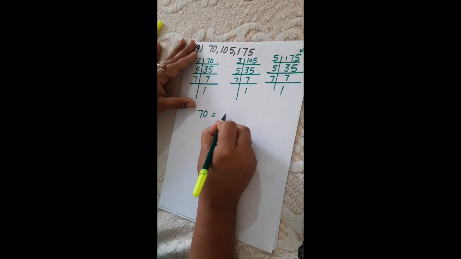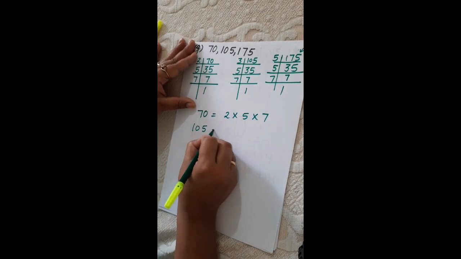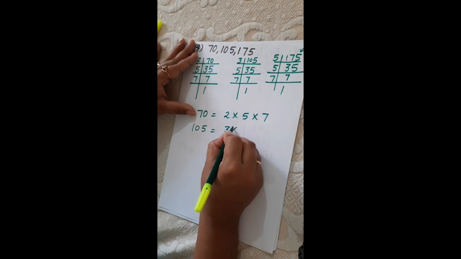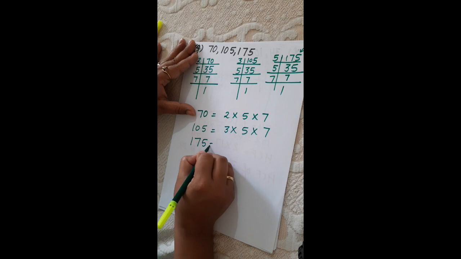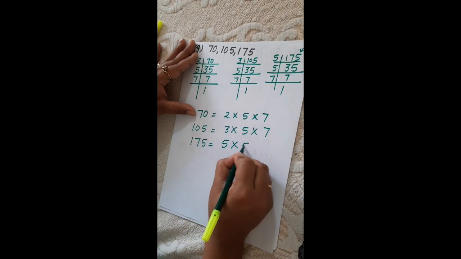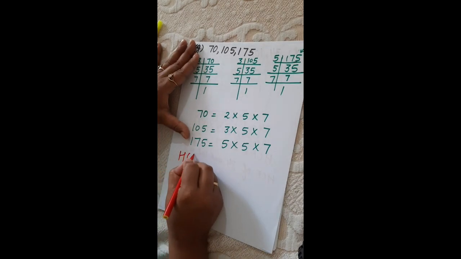Write the prime factorization of 70. Then write the prime factorization of 105, 3 into 5 into 7. Then write the prime factorization of 175, that is 5 into 5 into 7. Then you have to write the highest common factor.